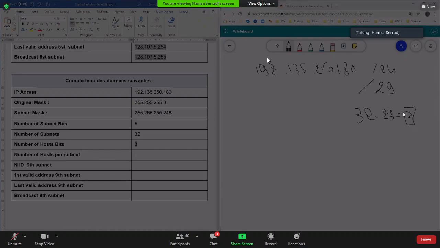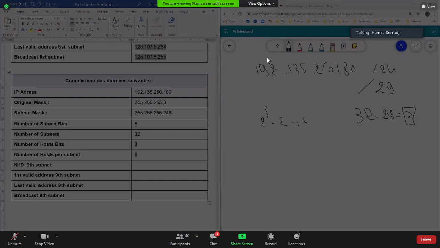And n in the formula is 3. We just found that we have 3 bits for the hosts. So it's 2 power 3 - 2. That gives me 8 - 2, which equals 6, right? So the number of hosts per subnet is 6.